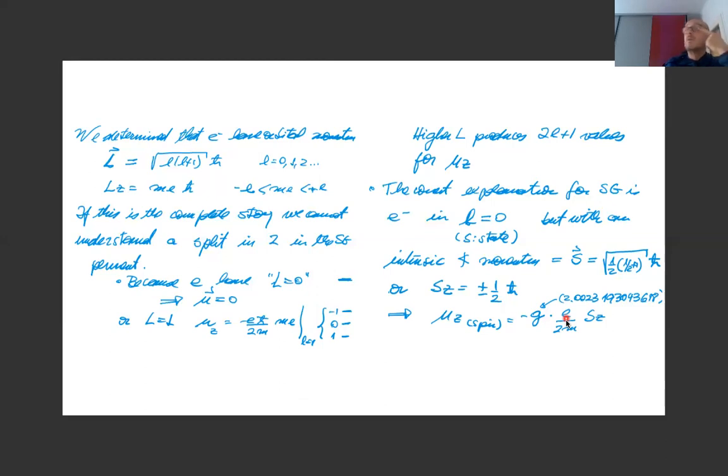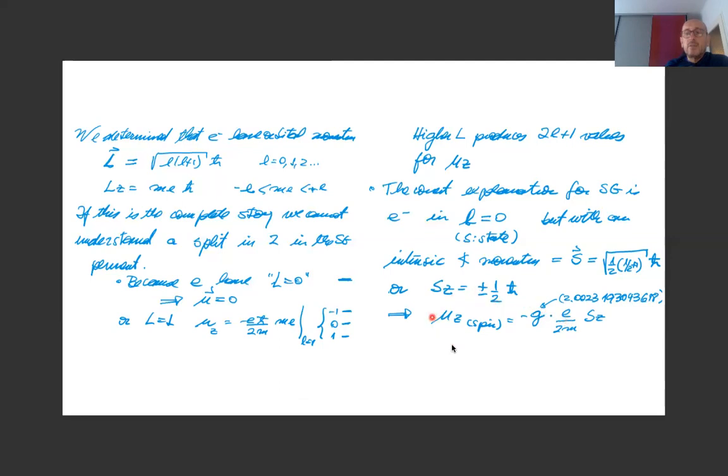It's also carrying away some angular momentum, the L equal 1 associated to the particle. Okay, so this is the reason for the rule of conservation of angular momentum in optical transitions where a photon is emitted.